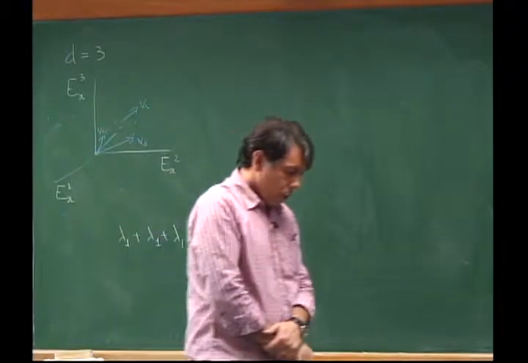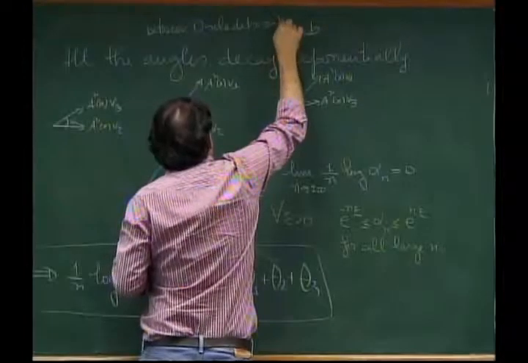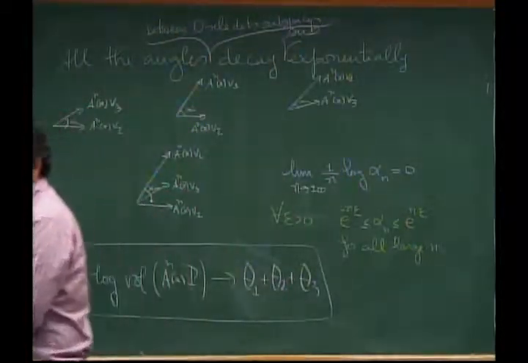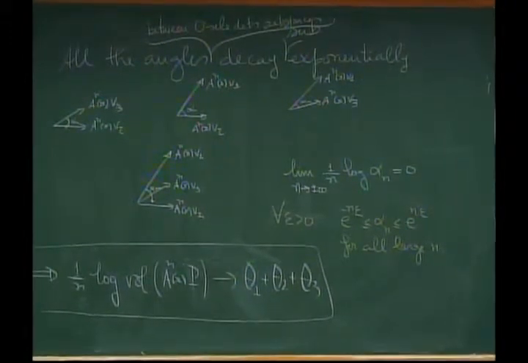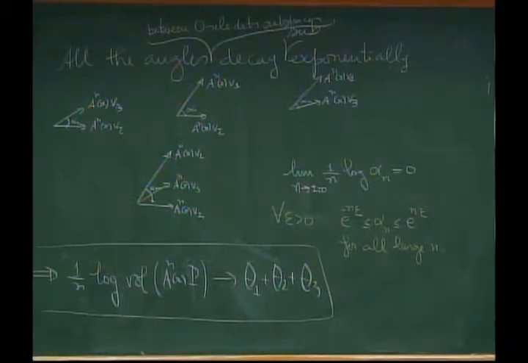Yeah? Well, the reason is that I didn't explain it very well. When I said all the angles, I meant all the angles between Euclidean subspaces, not iterates of vectors. I can do it if there's enough dimension.